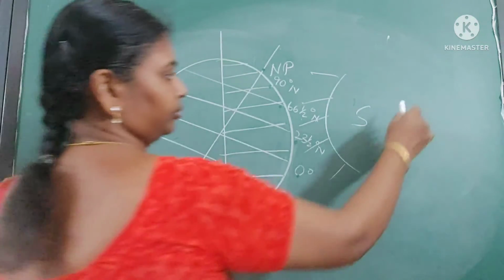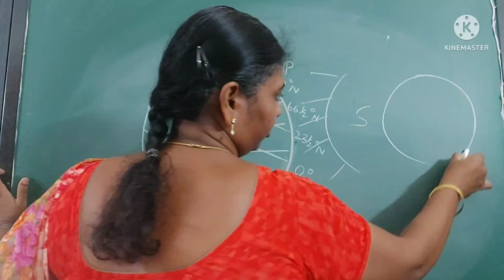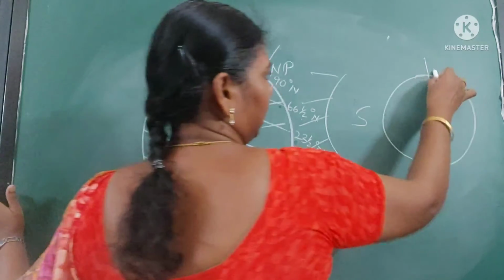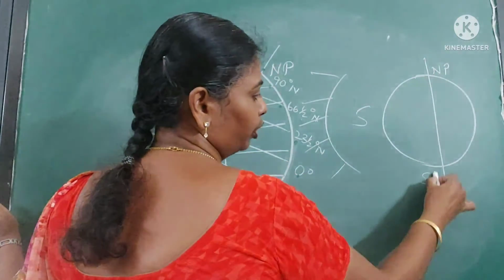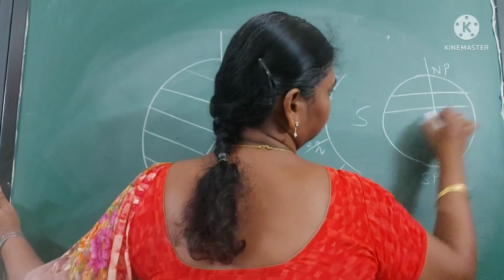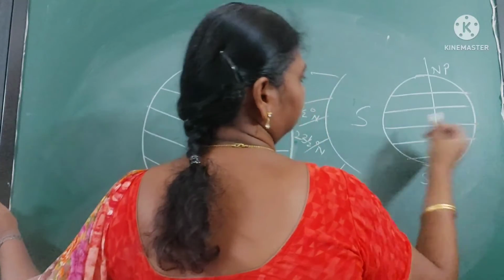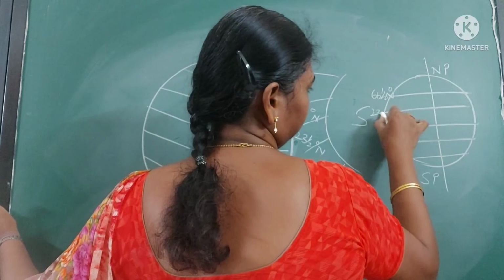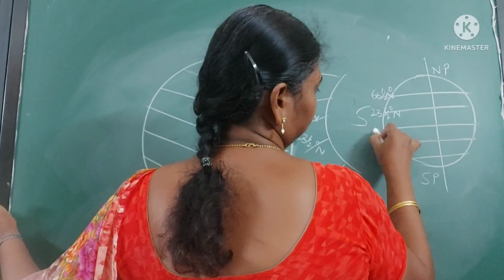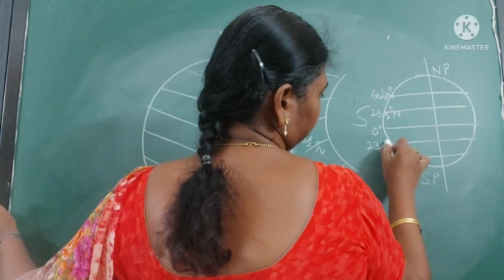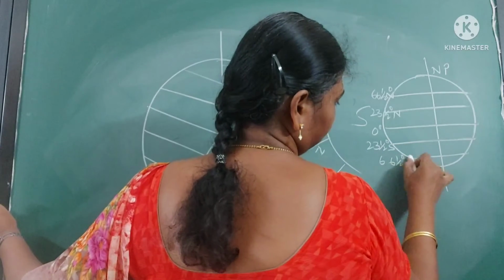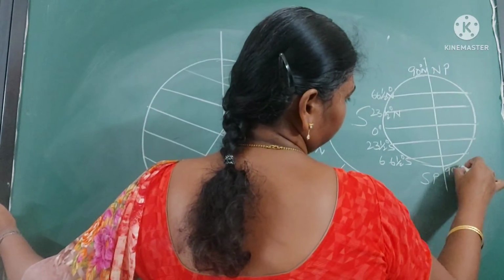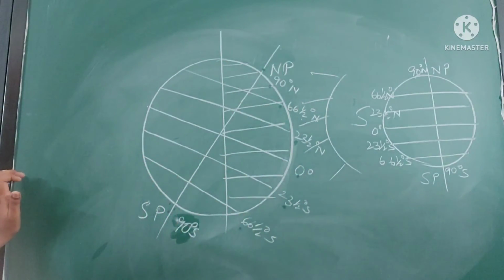Normally, if it is straight, this would be the north pole and this would be the south pole. This is how it would be.